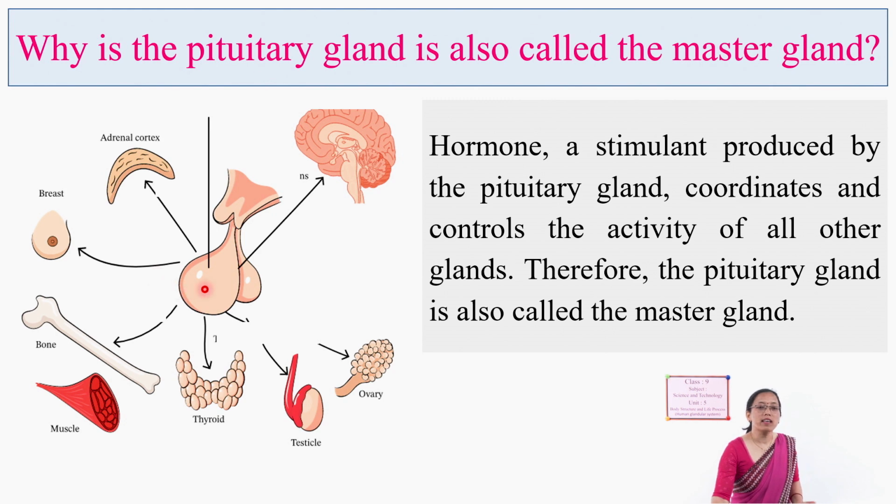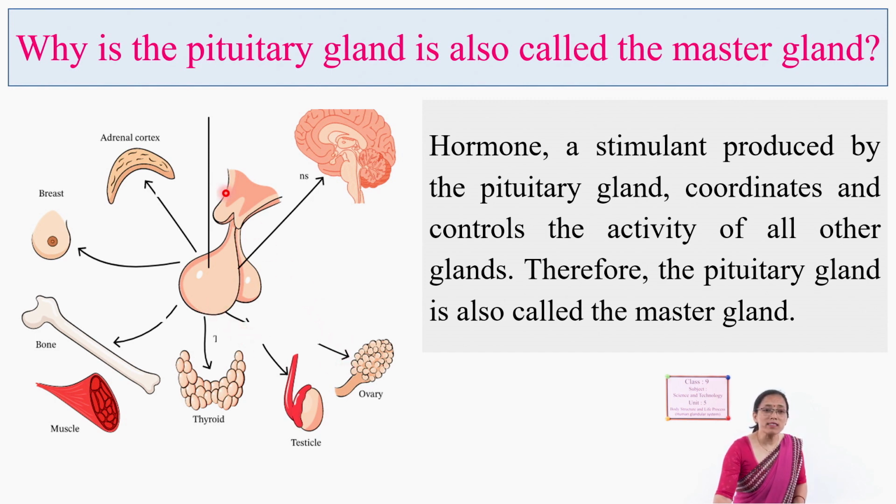And another one is some stimulating hormones secreted by this pituitary gland that help in the growth of bones and muscles, which helps in physical growth. And it also secretes some hormones which stimulate the thyroid gland so it performs its function. That means thyroid gland secretion increases or is balanced. Also, the gonads, testicles and ovaries are stimulated by the hormones secreted by this pituitary gland.